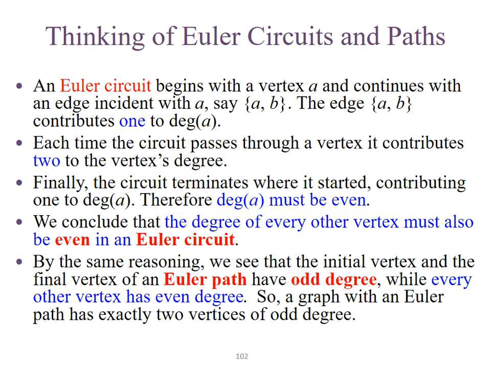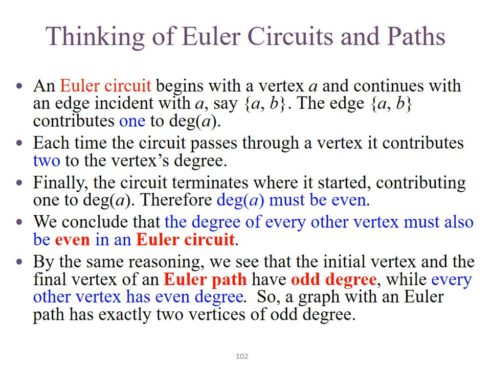So that means you need to contribute 2 degrees to vertex A, because you start from vertex A, going out, and come along the path and go back to vertex A.